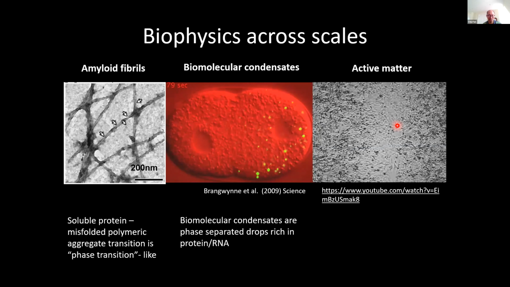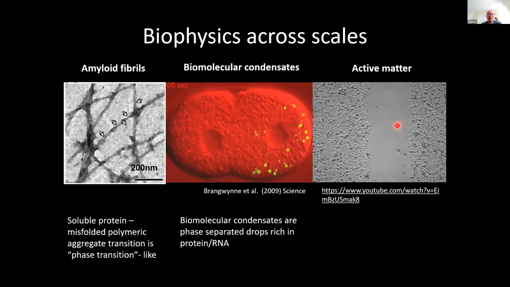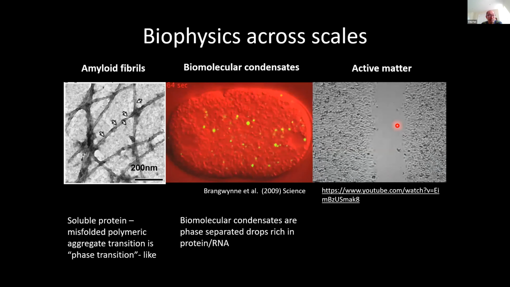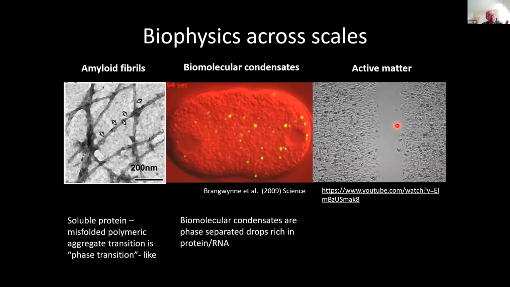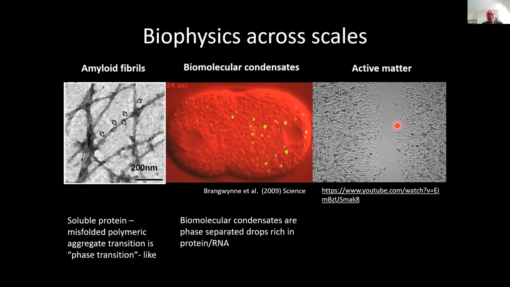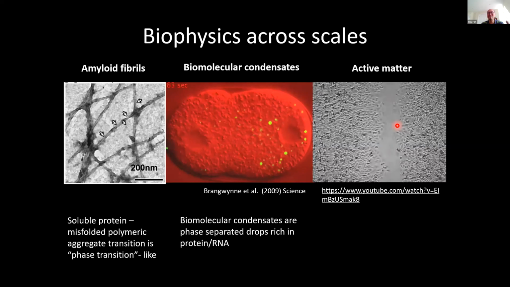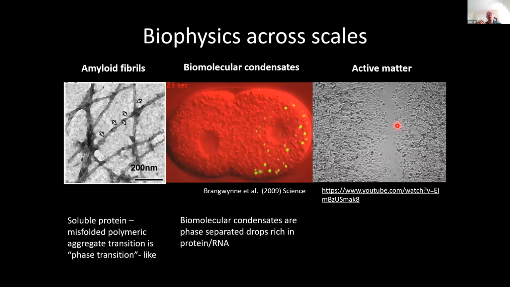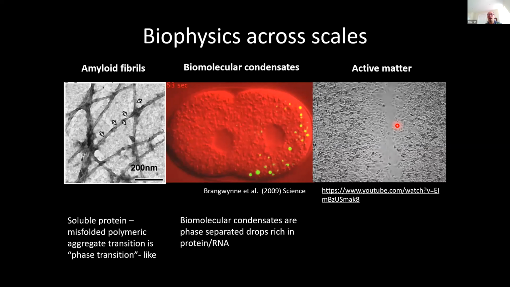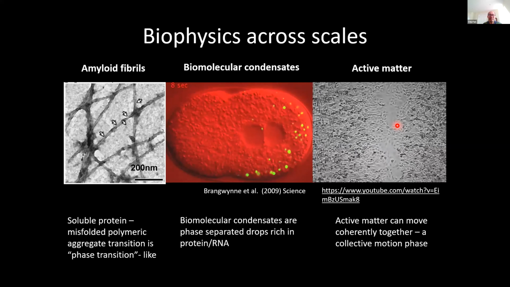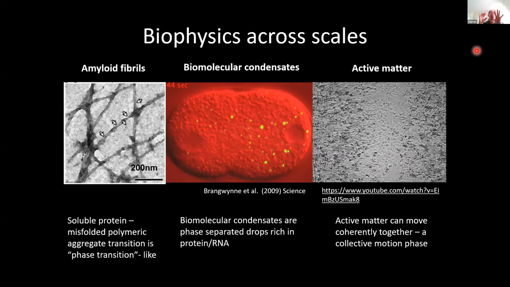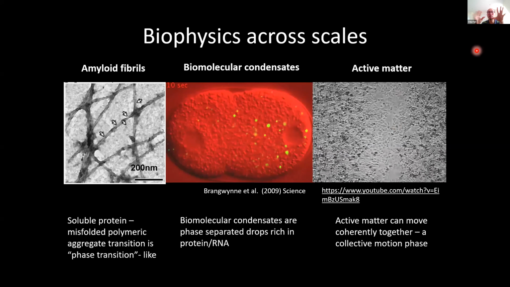So in physics, we call this active matter, because this kind of material is very different from dead things because they can reproduce, they can move. Hence the name active matter. And one very interesting feature of active matter is that the whole system can move coherently.